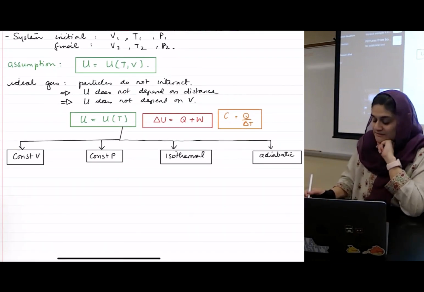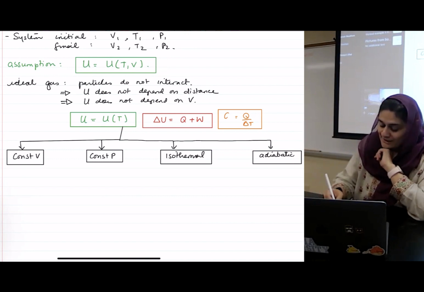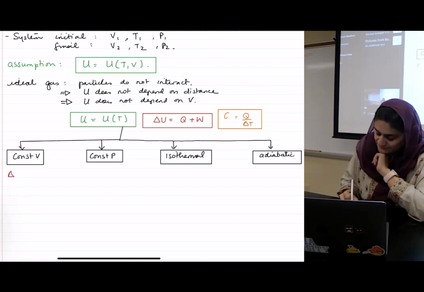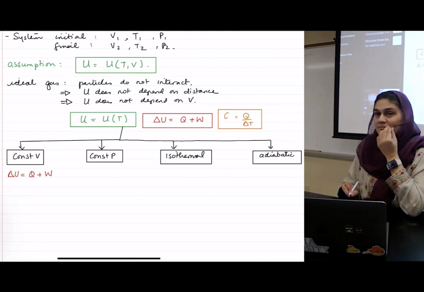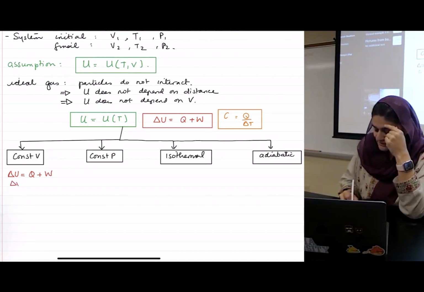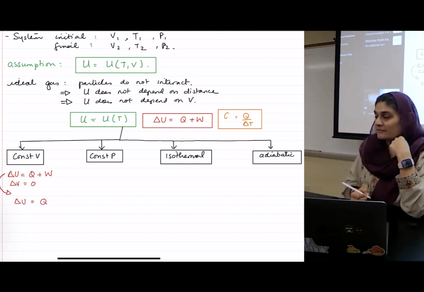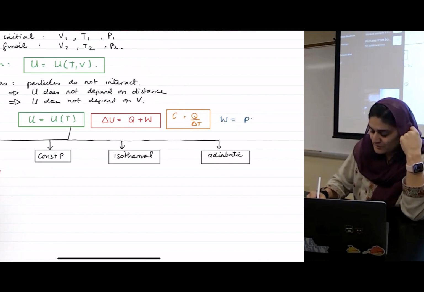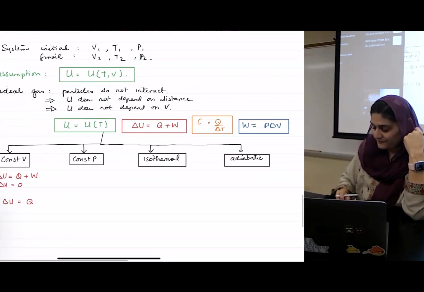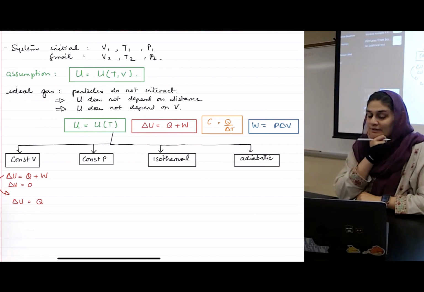Okay, so for a constant volume, what can I say about the first law? So when the volume doesn't change, what happens to one of these terms? So delta V equals 0, right? So the first law reduces down to, remember what was W? Oh, I should write W also here. P delta V. Okay. When delta V equals 0, what happens to the first law?